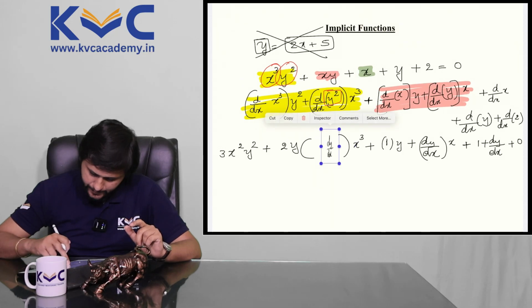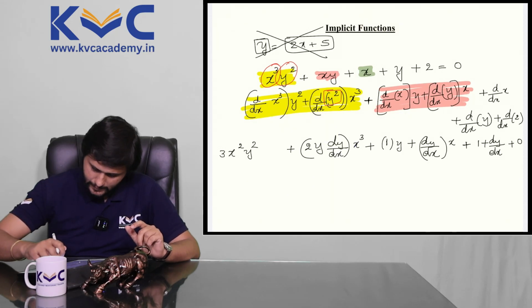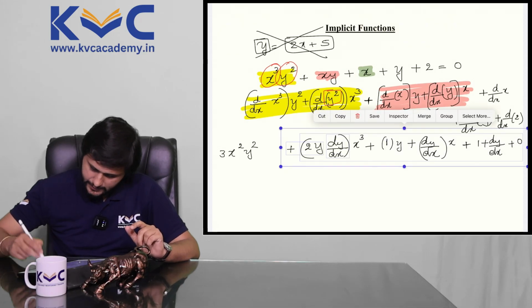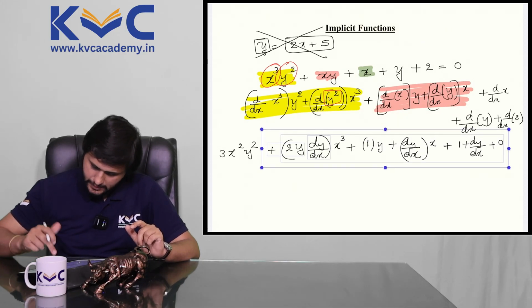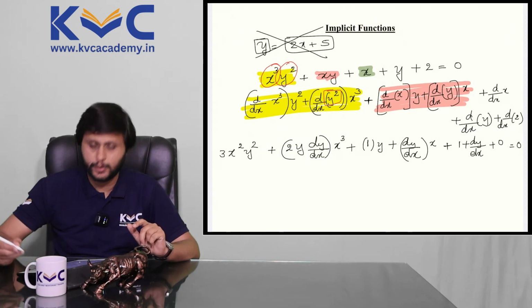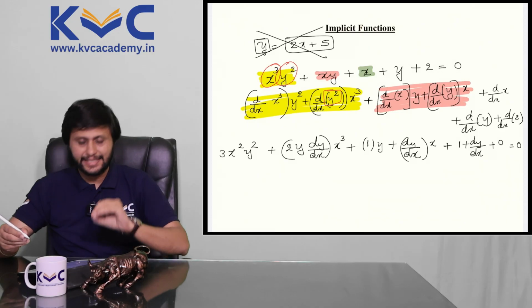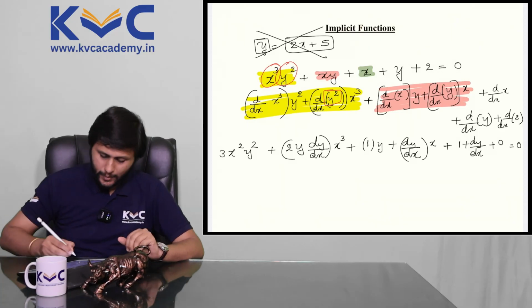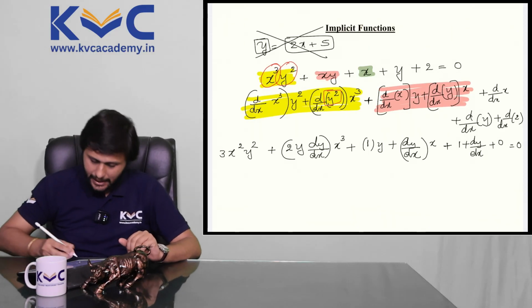Let me just highlight this. The right hand side, when differentiated, is equal to 0. Now what I'll do is I'll keep all dy by dx on one side, and remaining all I'll take to the other side.